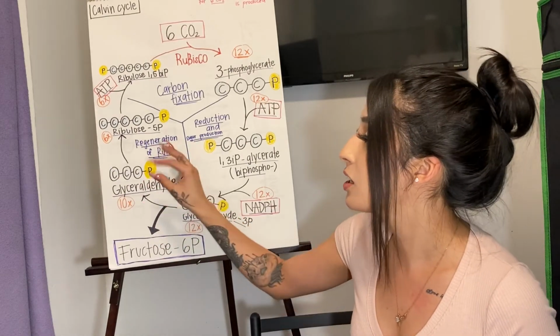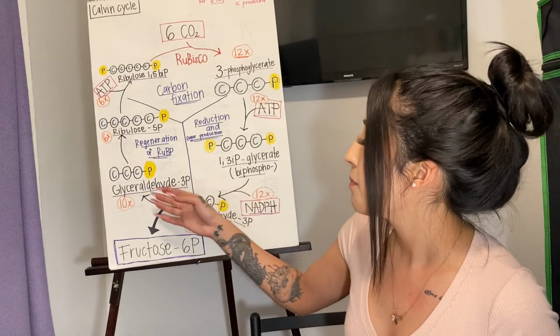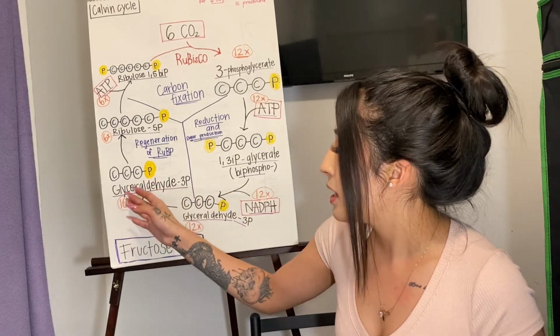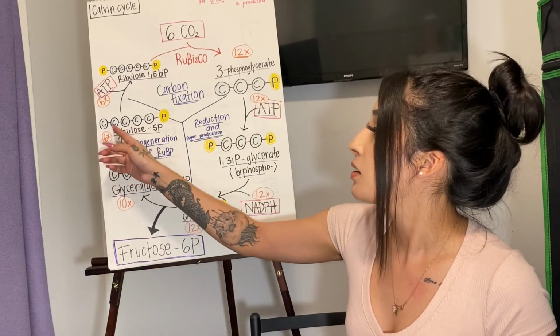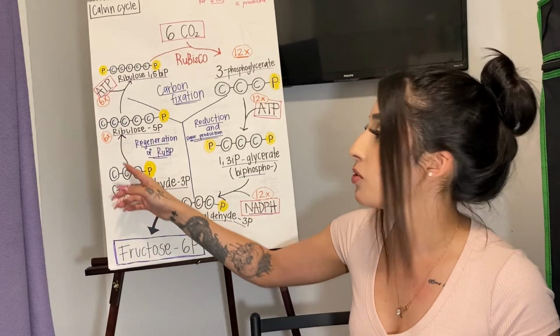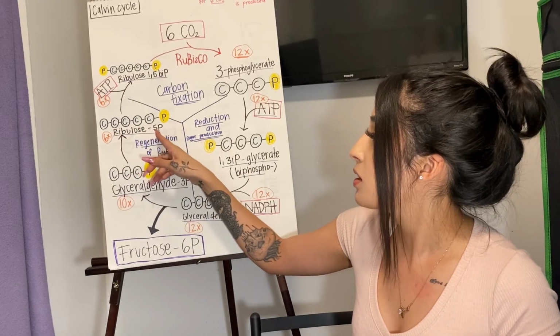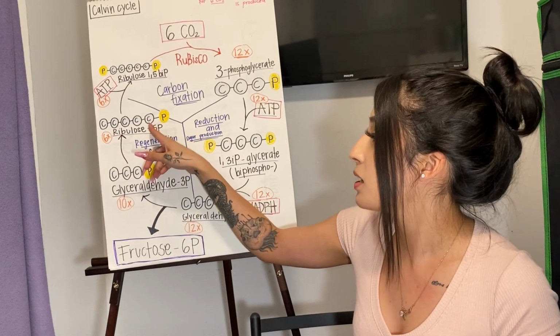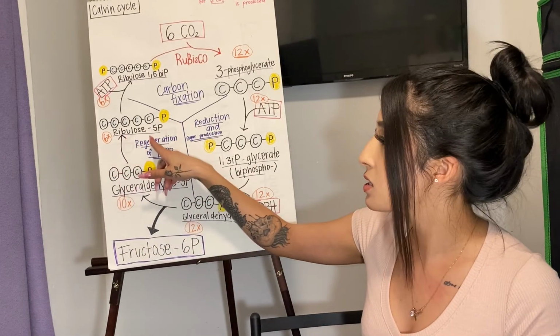Now we're finally here, we are regenerating the ribulose biphosphate. Now these 10 glyceraldehydes will become, from a 3-carbon molecule, a 5-carbon molecule with the phosphate attached to the 5th carbon. It went from 10 molecules to now 6 of these ribuloses.